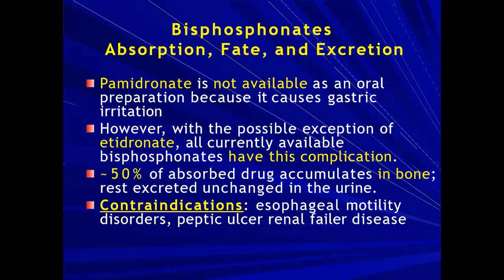However, with the possible exception of tiludronate, all currently available bisphosphonates have this complication. 50% of absorbed drug accumulates in the bone, and the rest is excreted unchanged in the urine. So these bisphosphonates are contraindicated in esophageal motility disorders, peptic ulcer disease, and renal failure.